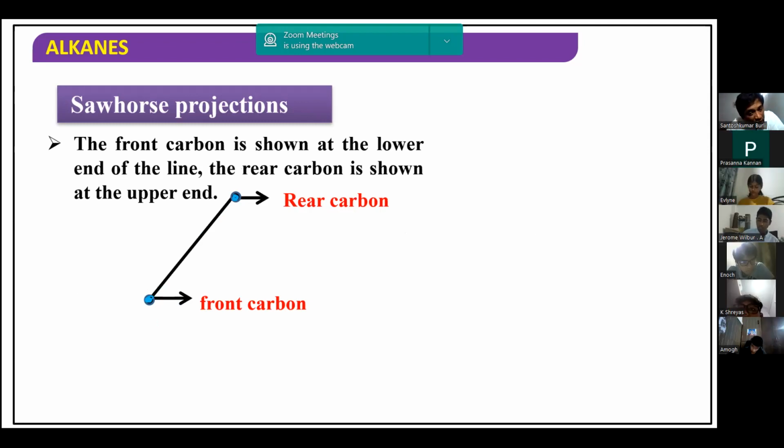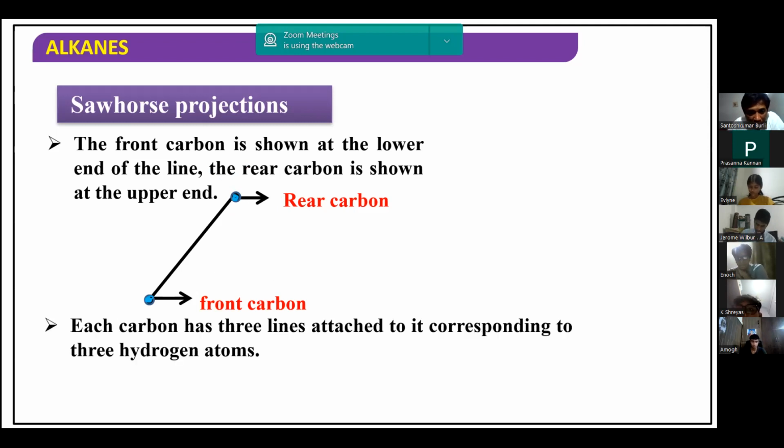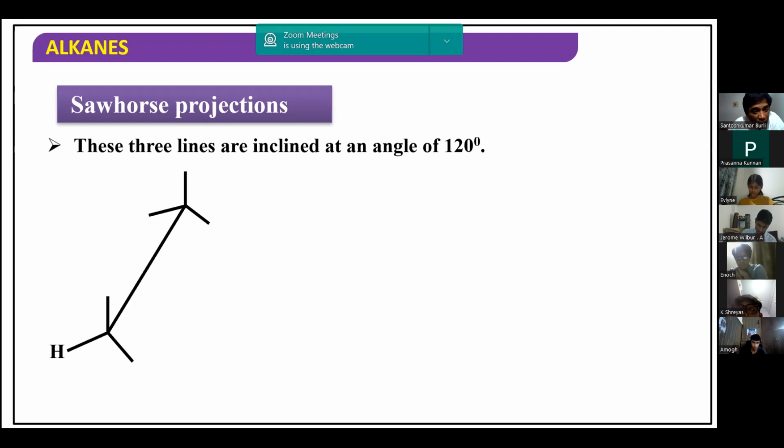So you can say front and rear carbon atoms. Now, to these front and rear carbon atoms, we have to represent the CH3 and CH3. This is C-C, and three bonds of hydrogens we have to represent for each carbon atom. So for eclipsed and staggered conformation, how can we represent? This is how we represent the eclipsed conformation.